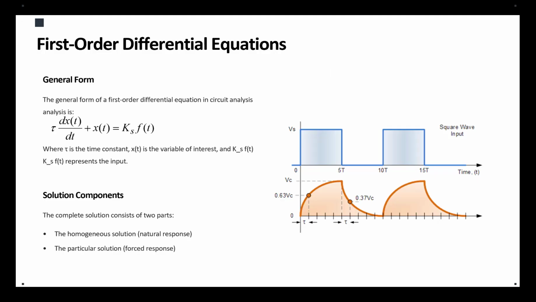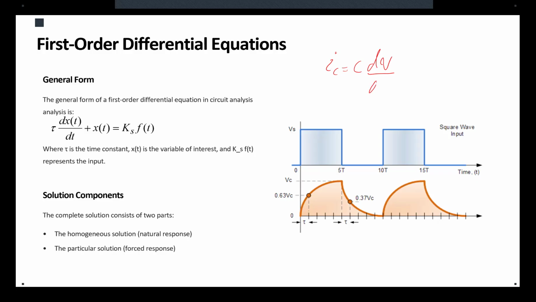As you know, the current of a capacitor is the capacitance times the differential of the voltage across that capacitor. Okay? Same goes for the inductor. The voltage across the inductor is the inductance times the differential of the current going through that inductor.